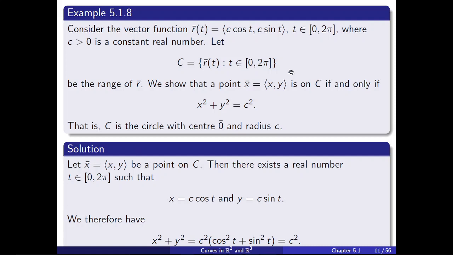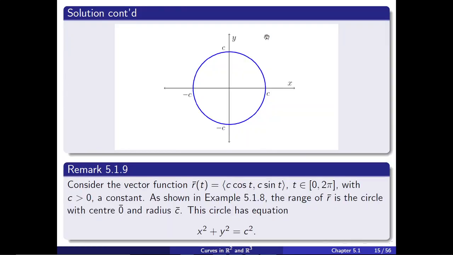In example 5.1.8, we showed that a point is on C if and only if it satisfies that equation. So if we have an equation like this, we know that we can express x and y in terms of something like that, right?